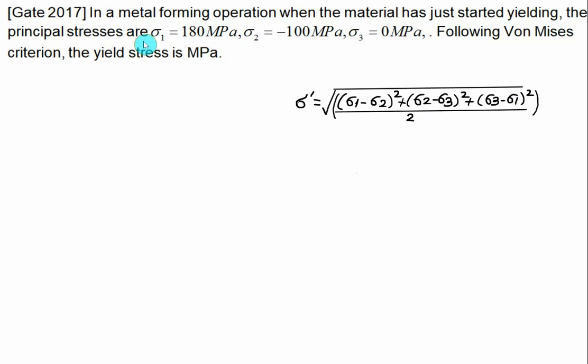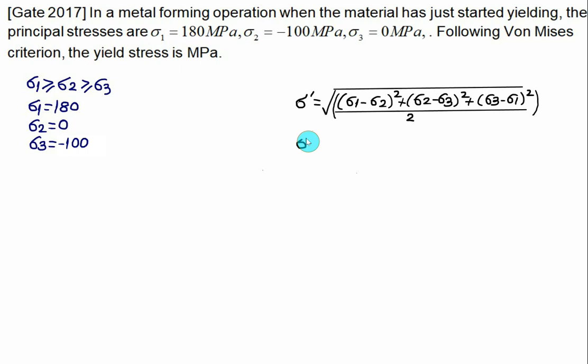So let's arrange this in a standard form such that we have sigma 1 is greater than or equal to sigma 2 is greater than or equal to sigma 3. So highest value is sigma 1, so I will assign it equal to 180 megapascal. Then the next values are minus 100 and 0. So we'll assign sigma 2 is equal to 0 and sigma 3 equal to minus 100.